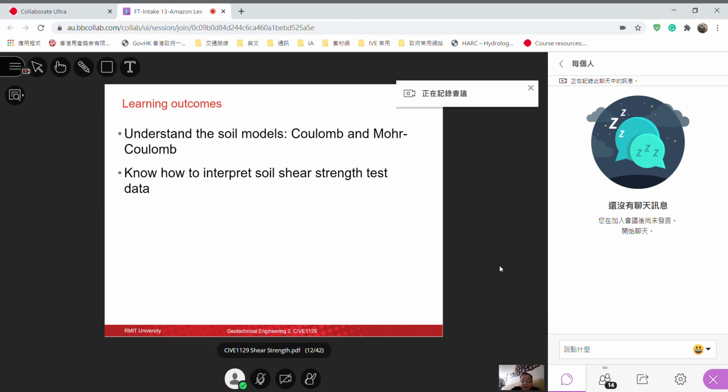Now, when we want to understand the strength of the soil, in fact, soil is a far more complicated material than other civil engineering materials. It's far more complicated than structural steel, far more complicated than concrete, for example.